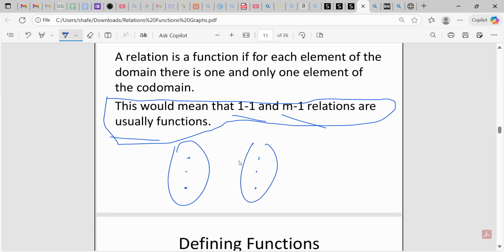What they're saying is, for each element of the domain, it matches to only one over here. You don't have it going to 2. It only goes to 1. In other words, one arrow leaves every one of them in the domain. And then you call it a function.